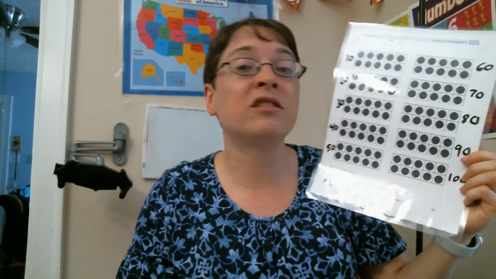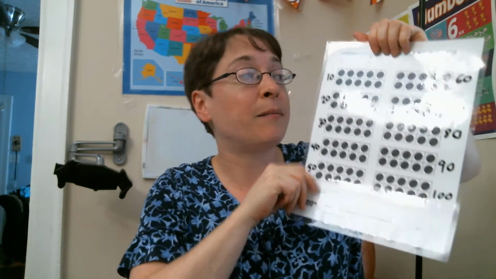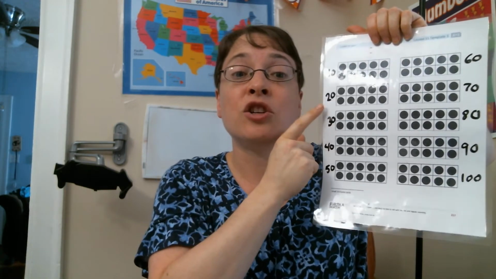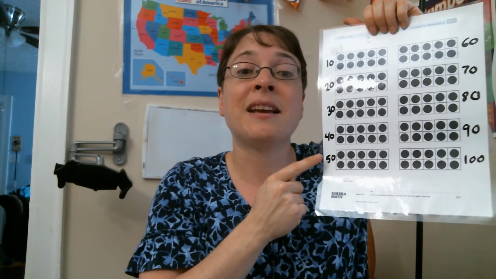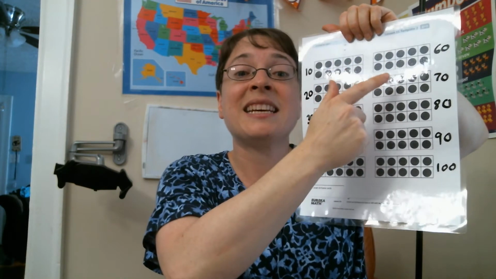Excellent. All right, so now let's count the say 10 way. 10, 2 tens, 3 tens, 4 tens, 5 tens, 6 tens, 7 tens, 8 tens, 9 tens, 10 tens.